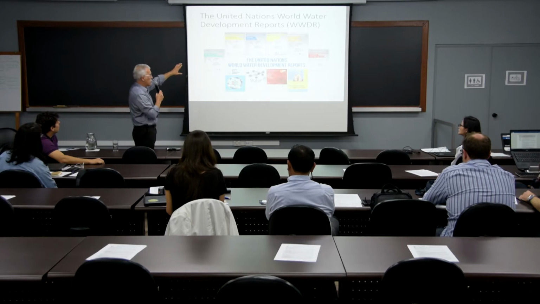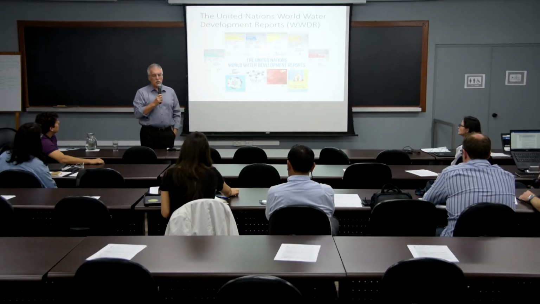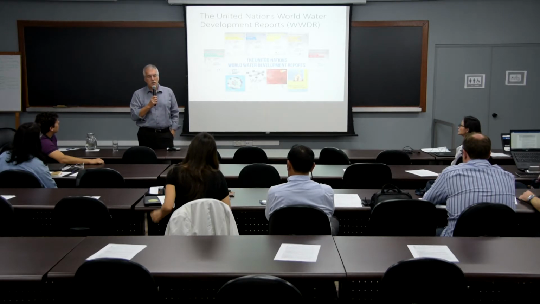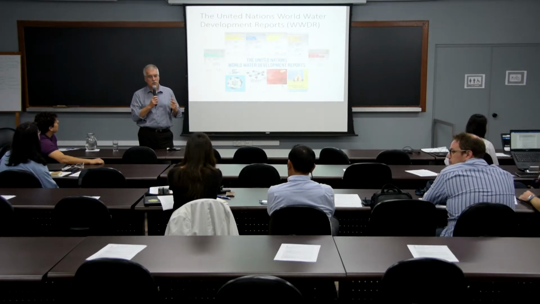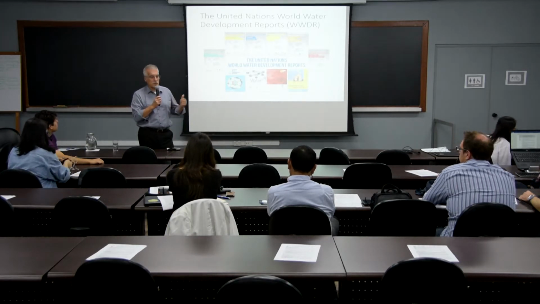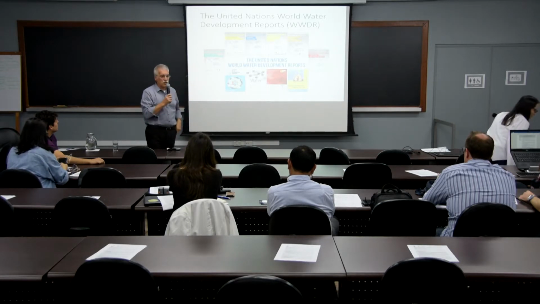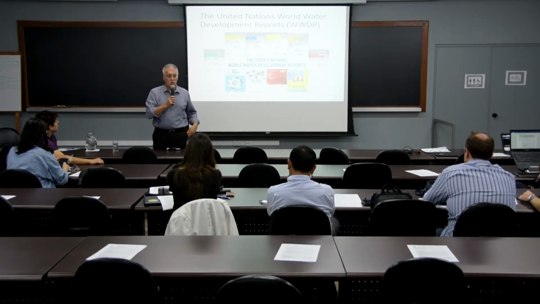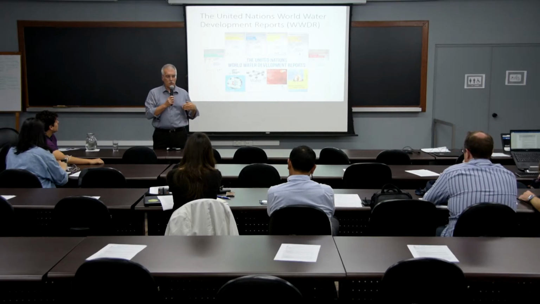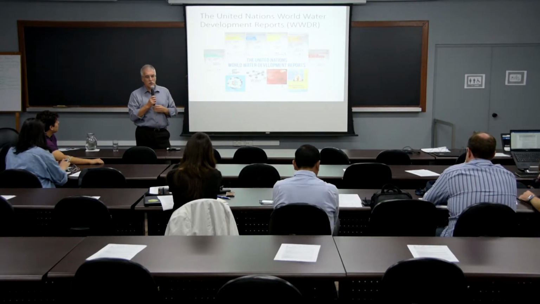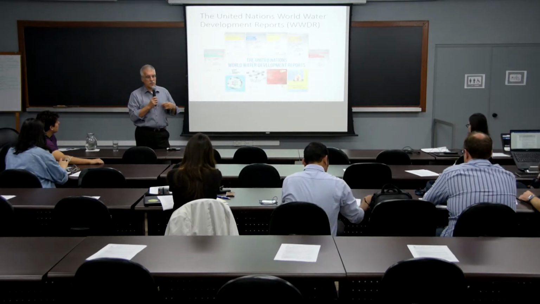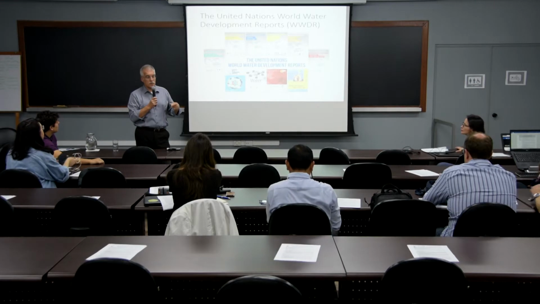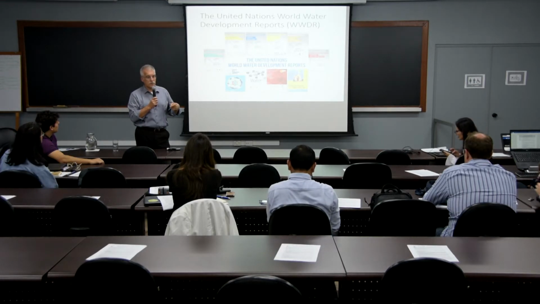So what I thought I'd do is to highlight some of the key trends in these reports. There are two key trends which I'll tell you now. The first one is that the emphasis has changed from the start of these reports, from a description of the water problem to a much more strategic and holistic assessment of water, which is about the sustainability of economic development and social development, basically.